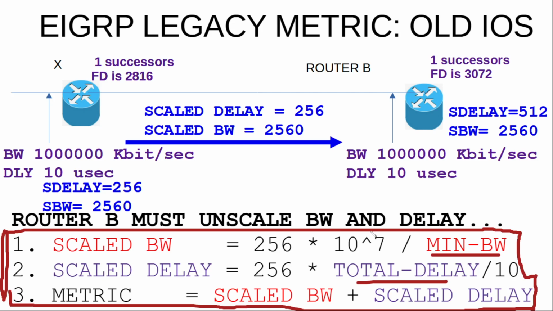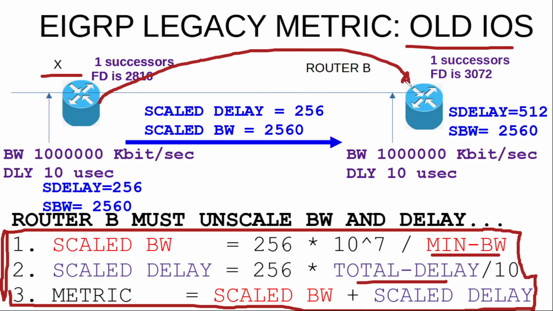Now, we have an issue with old IOSs. When this X router sends an update to this B router, for old IOS, the delay and bandwidth are not sent as the actual value. They are sent in a mode that is known as scaled.